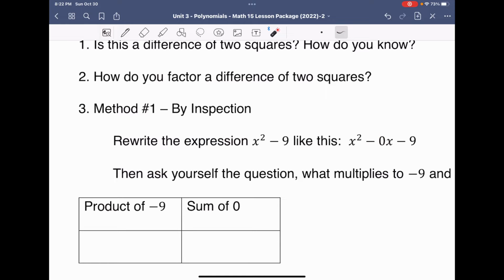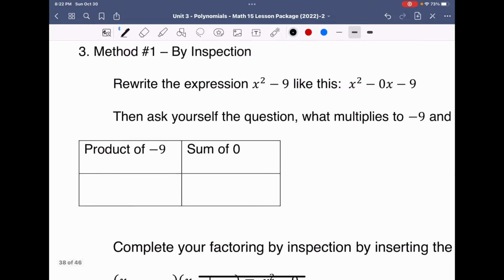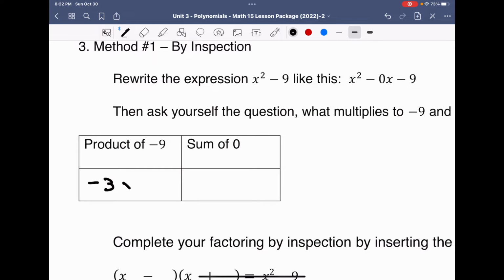Now, we must multiply to make that outside number. So two numbers that will multiply to make the outside number of negative 9 and add to make 0 in the middle would be negative 3 times 3, because negative 3 times 3 definitely gives us that negative 9, and if I add a negative 3 plus a positive 3, this is equal to 0.